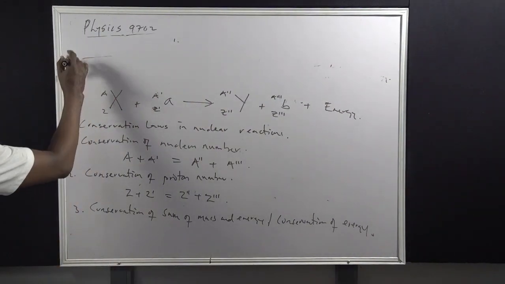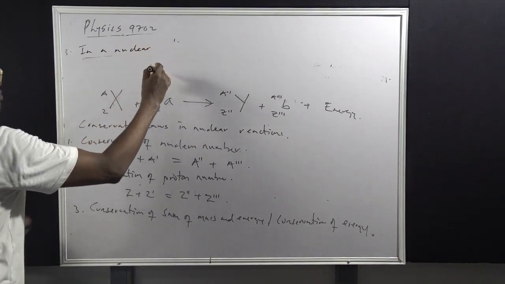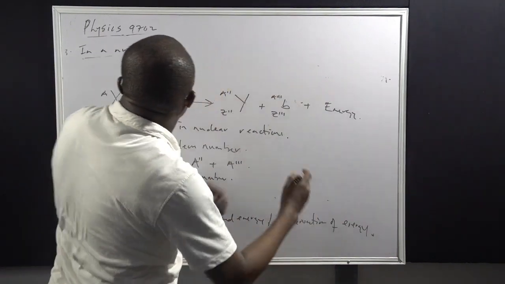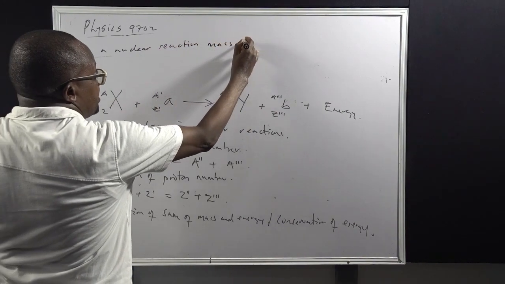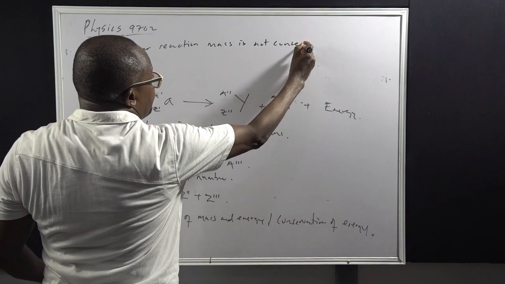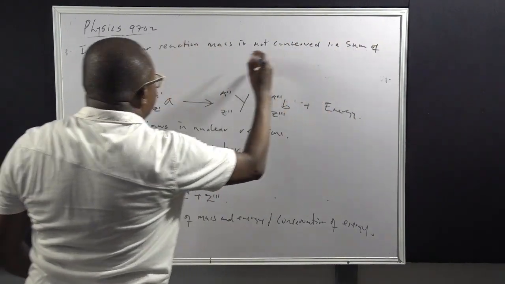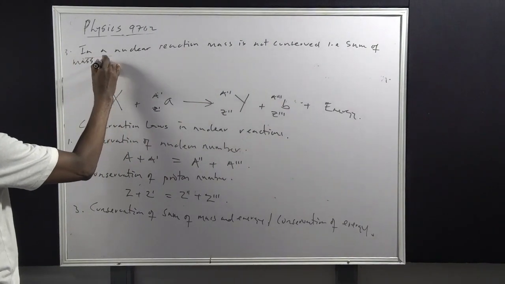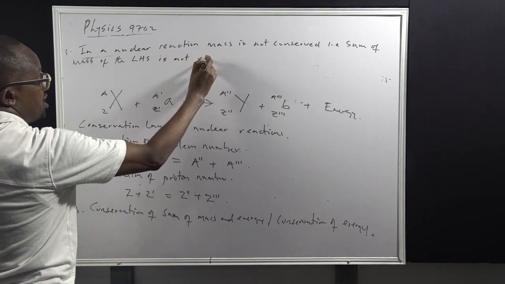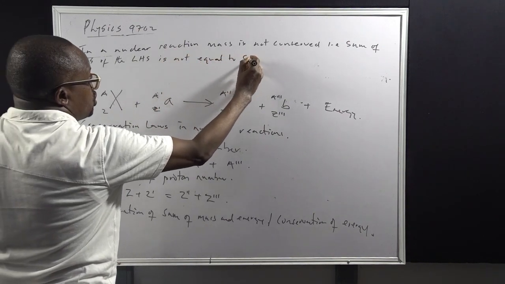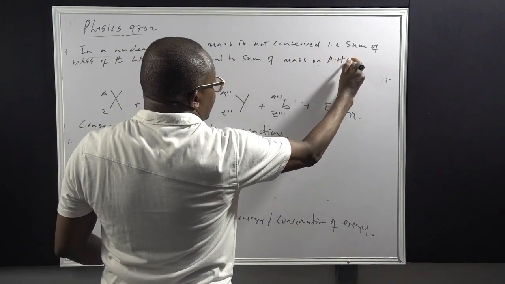Number three. In a nuclear reaction, mass is not conserved, i.e., the sum of mass on the left hand side is not equal to the sum of mass on the right hand side.